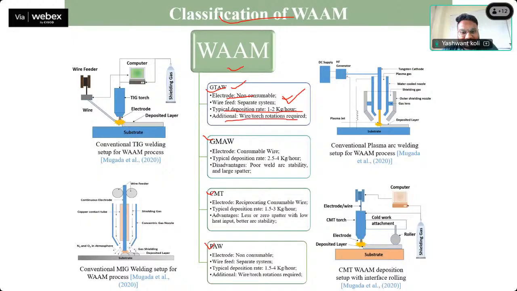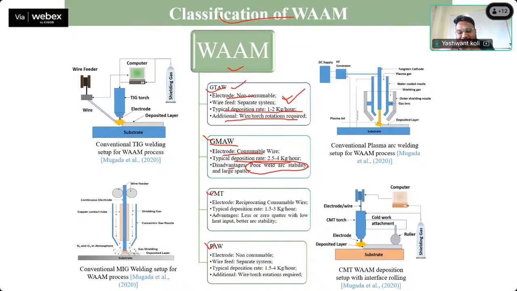And with GMAW, a consumable wire is used. The deposition rate is higher, and the main disadvantage is its poor arc stability and large spatter. Because of this poor arc stability, we find that porosity levels are very much increased in softer materials like aluminium.